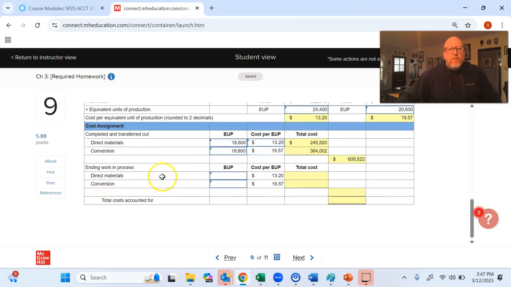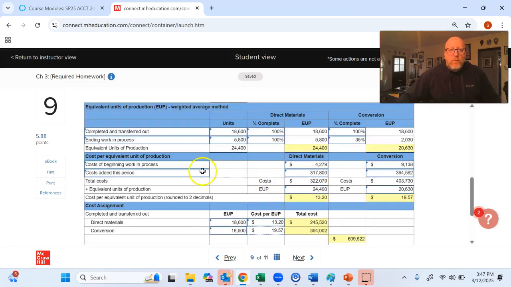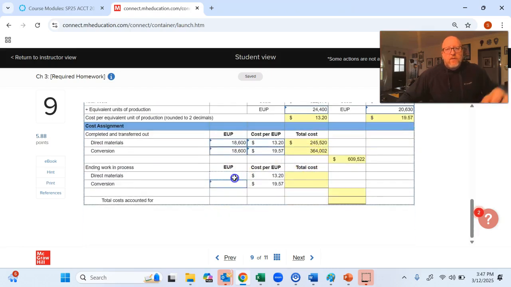All right, the number of equivalent units of production in my ending work in process would be, here are my direct materials, ending work in process, 5,800 units.